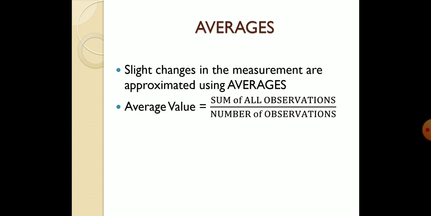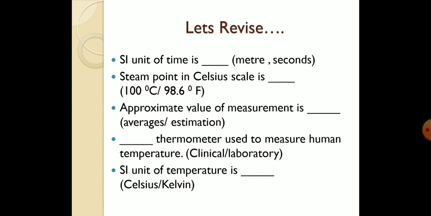Now, what will be their average? It will be 550 divided by 6. So it is the overall approximation of the marks, the approximation of the measurements. So averages is the approximation of the measurements. Average value is equal to the sum of all observations divided by the number of observations.